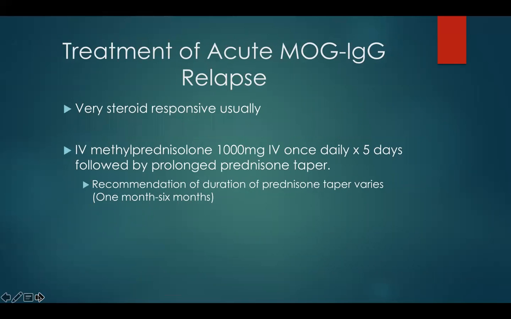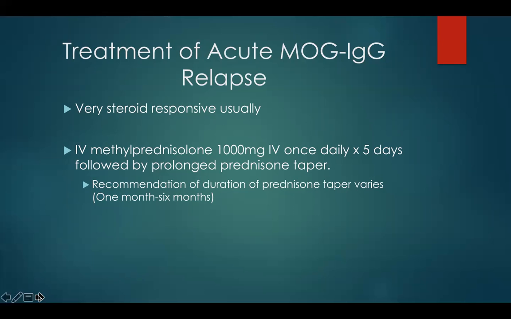So how do we treat an acute anti-MOG attack? Anti-MOG is very steroid responsive. So we give IV methylprednisolone 1,000 milligrams once daily, typically for 5 days, followed by a prolonged prednisone taper. It's not exactly agreed upon the duration of prednisone, and it really varies among providers.